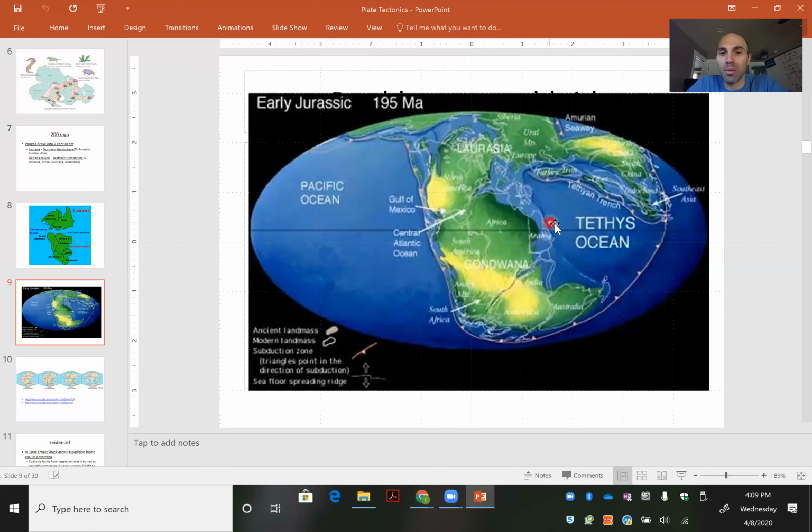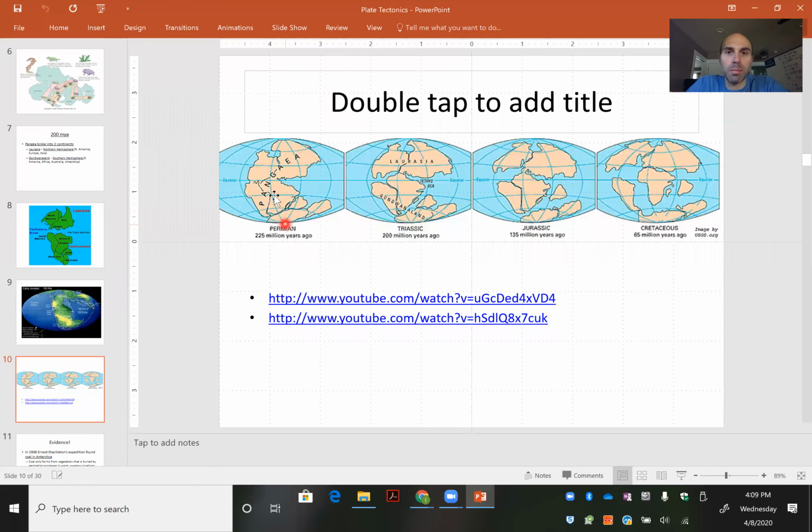And we can see the separation over time. This is showing us Pangea breaking into the northern and southern hemisphere continents. And then they continue to spread apart until we start to see these defining Antarctica, South America, North America, Africa, Australia, Europe, and Asia.